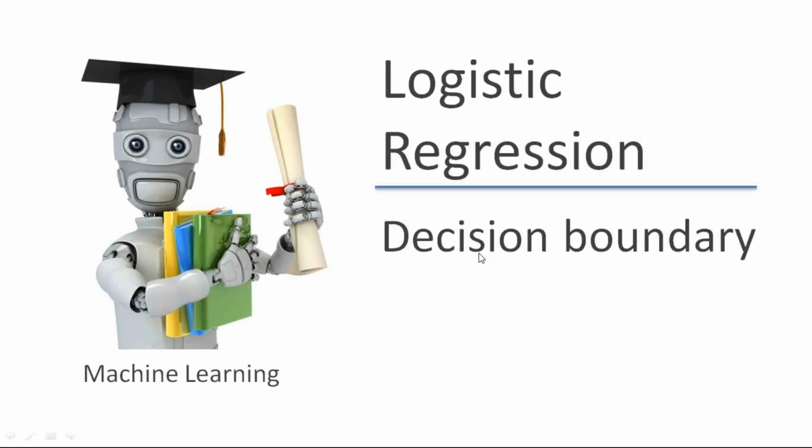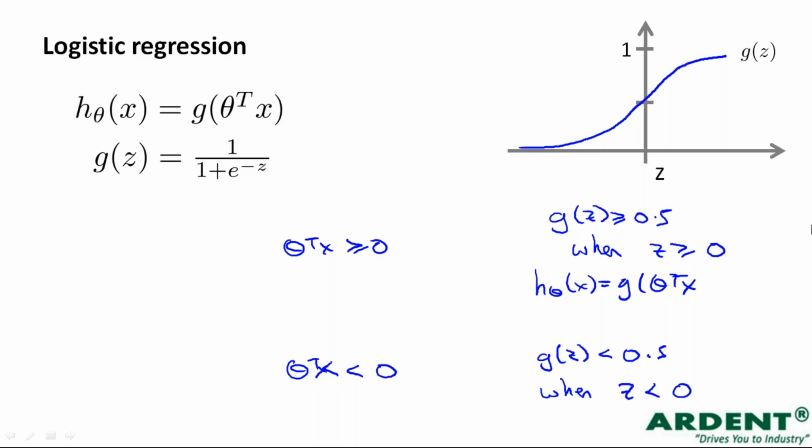Now, logistic regression decision boundary, which is basically called the threshold. This is the decision boundary, g of z. This is the hypothesis function. Since we are getting a sigmoid, h theta of x equals g of theta transpose x. So g of z will be 1 upon 1 plus e to the power minus z.